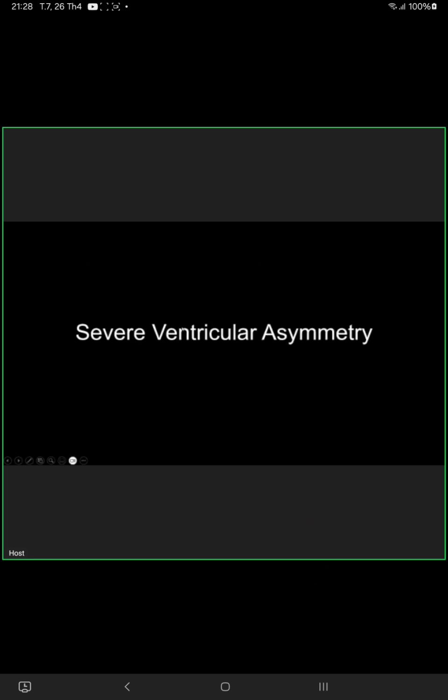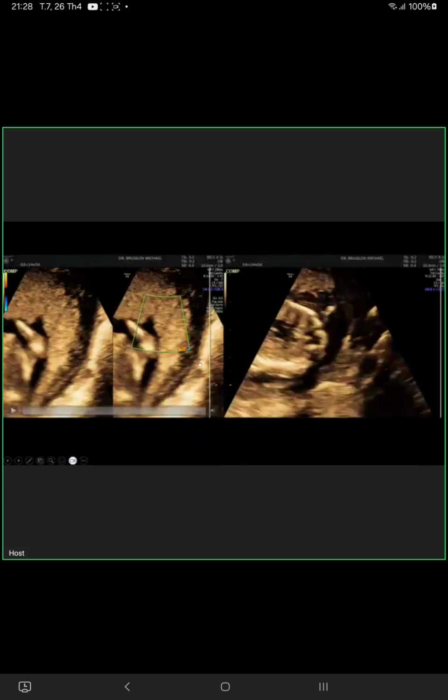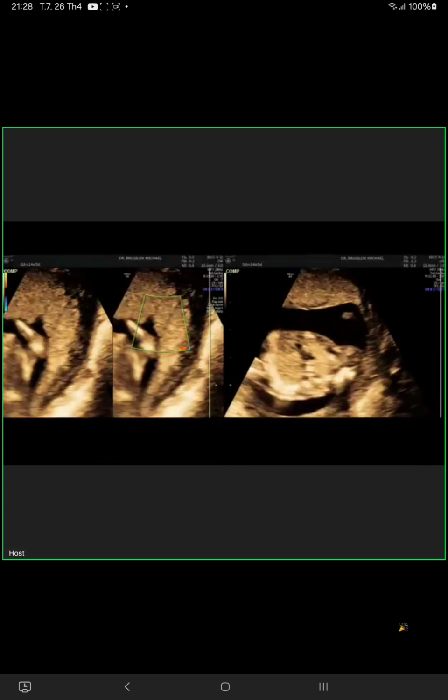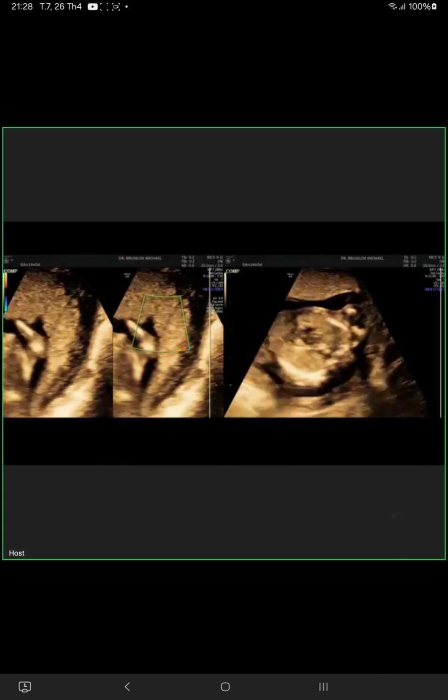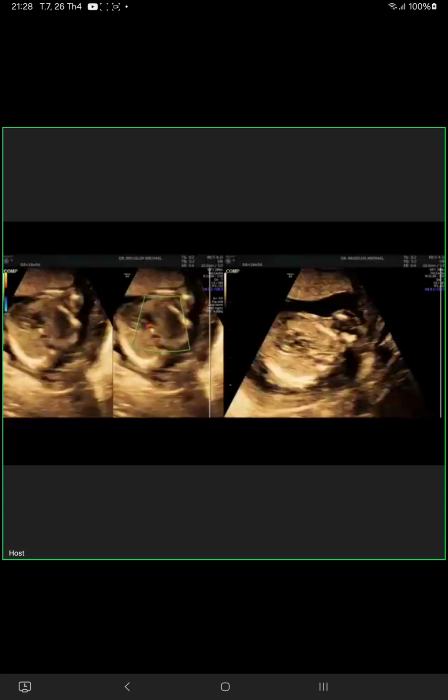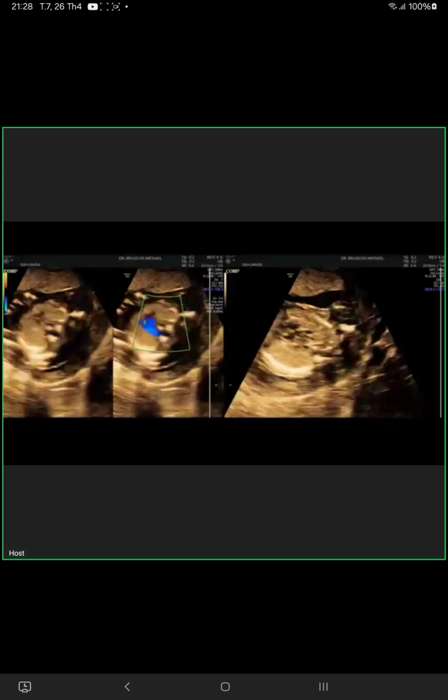And this happy case, severe ventricular asymmetry. The first screen in 15 weeks, not something special to me.